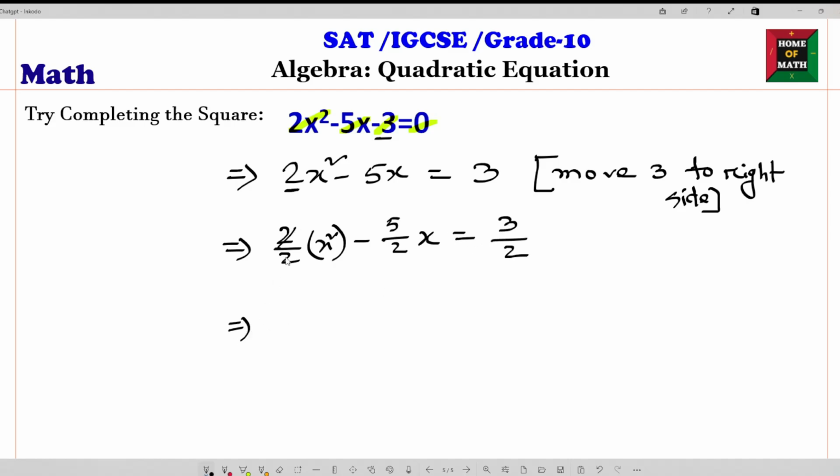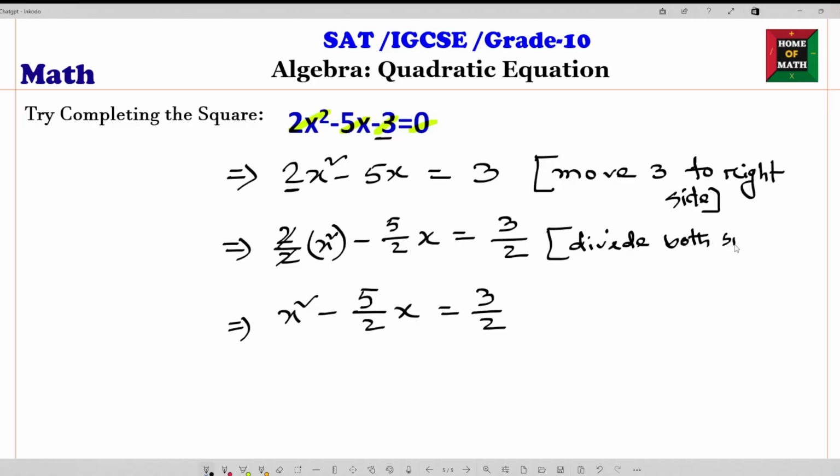So here 2 and 2 cancel out, and here is x square minus 5 divided by 2 x equals 3 by 2. So here we divide both sides by 2.